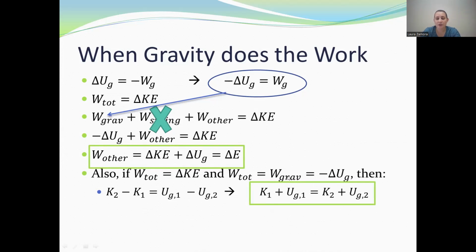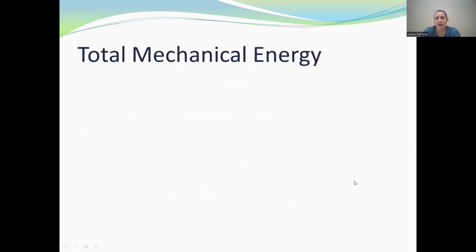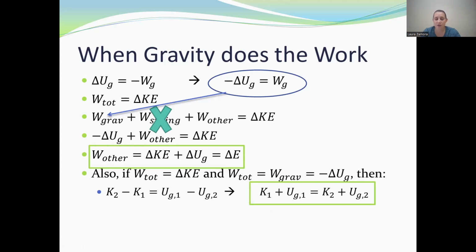So our initial energy equals our final energy. And that's where this idea of conservation of energy comes into play. Energy is not being created or destroyed. It is conserved, it is saved throughout the entire process. Whether it's moving or falling or whatever the object is doing, the total amount of energy stays the same.